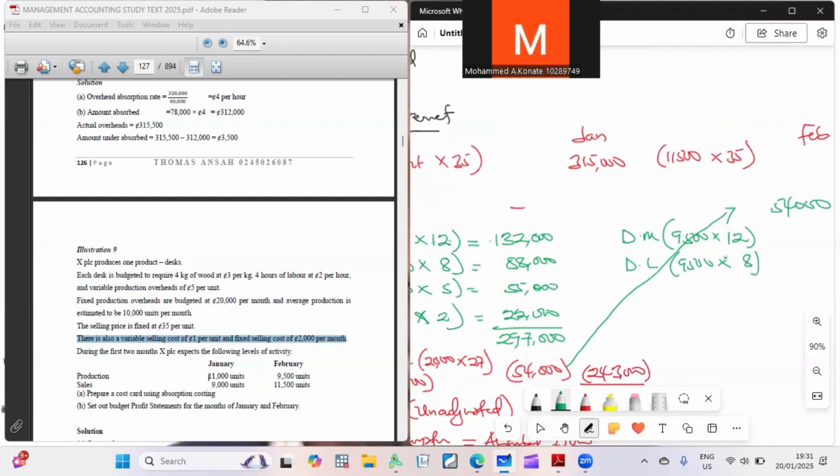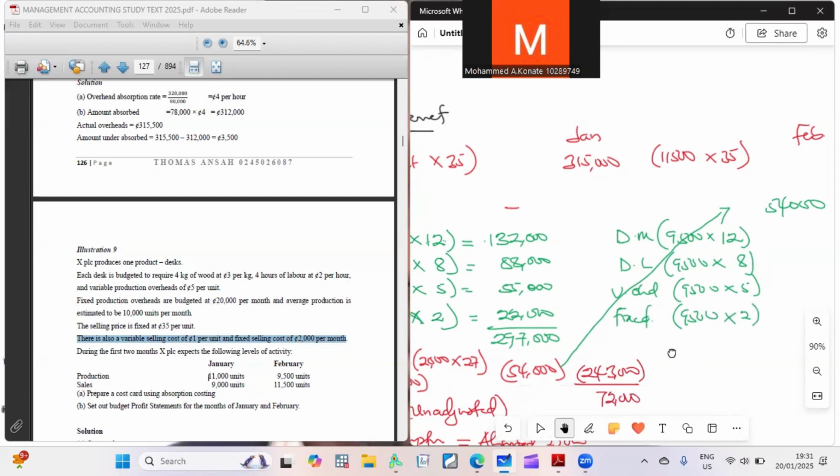Then we have the variable production overhead, 9,500 multiplied by 5. Then we also know our absorption for the fixed one, fixed production, don't forget that, which is 9,500 multiplied by 2. All right, so that is what we have.